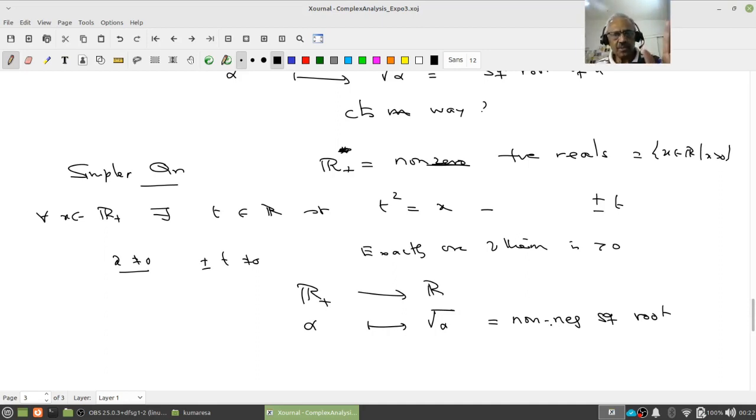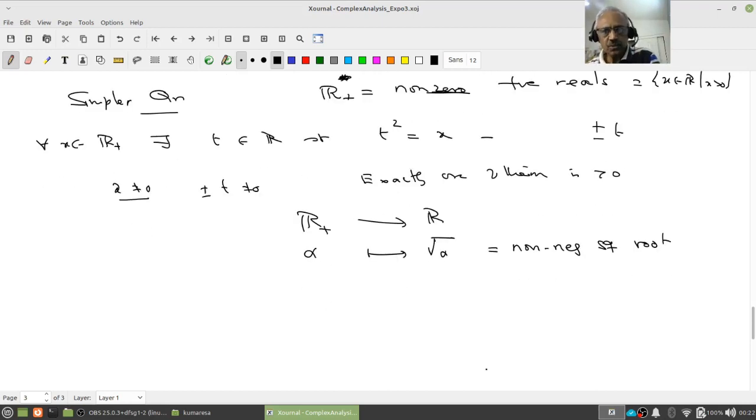As alpha varies over the positive reals, I will choose, for example, for 4 minus 2, for 9 minus 3, for 16 minus 4, for 100 minus 10, and so on. So that's a very unique way. And what is the importance? This map is continuous. Do you understand this question?